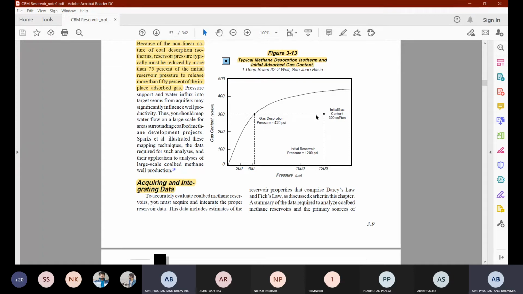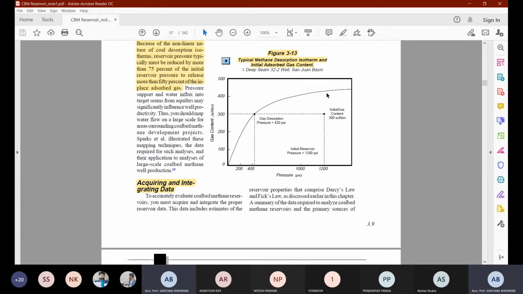This is the pressure. So what will happen? From this 400 to 300, suppose 1200 to 400 psi, because this line is coming to the 400 where it is going to intercept the initial gas content. Up to this point, if you reduce the pressure, gases will not come out.